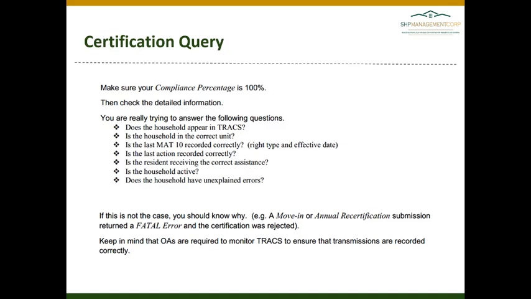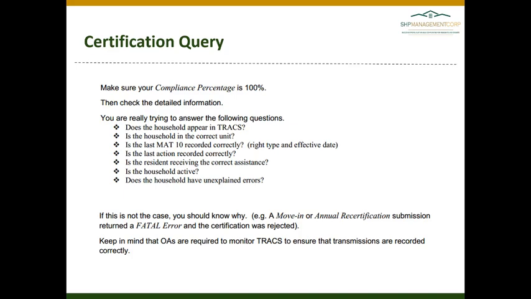To start, the Certification Query is a great way to ensure that your compliance percentage is 100% and to review detailed information regarding any households that may be affecting your compliance percentage.